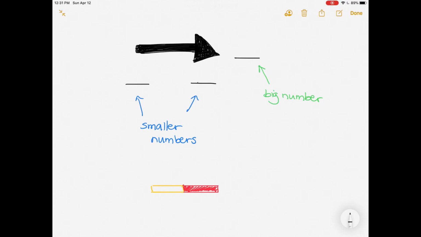Here we don't know the first small number, but we do know the full bar is 43. And we do know the other small number, which is 22. How can we solve for the yellow bar? We know that 22 is a small number and 43 is the big number.